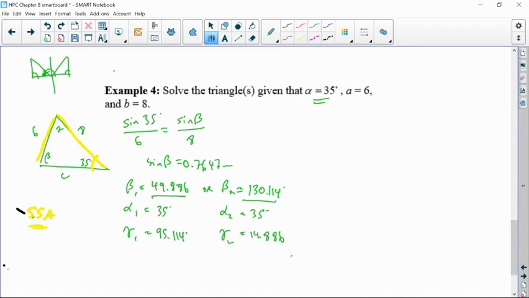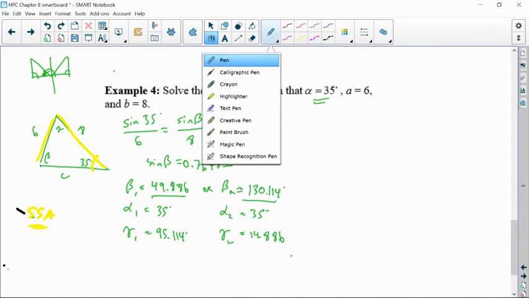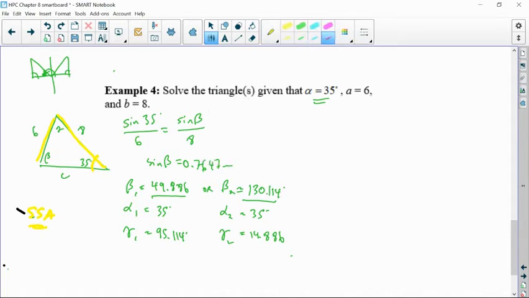Now, one thing that students sometimes make a mistake on is they initially think that this angle and this angle need to be supplements, and they don't. The only supplemental pair is when you actually had to introduce the inverse sine function.